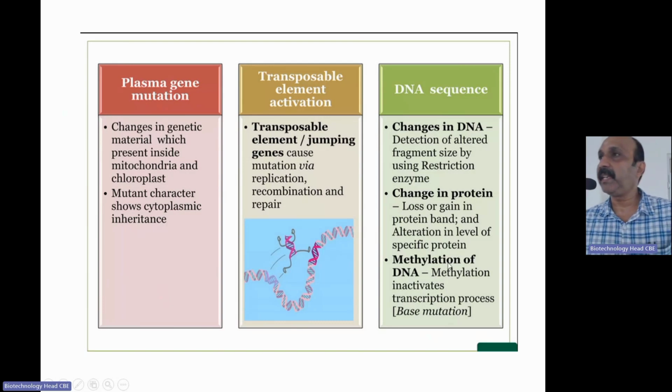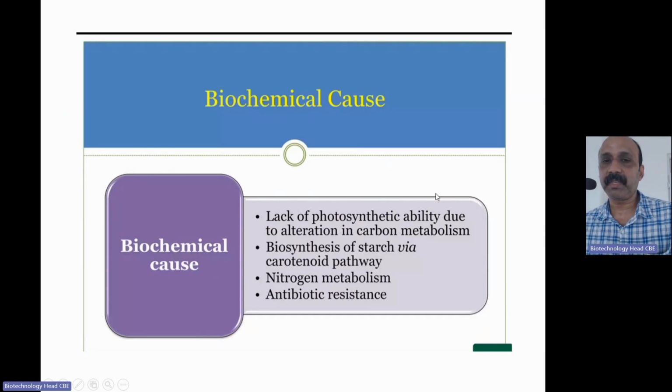Or DNA methylation can inactivate transcription, so there is loss or gain of activity of specific genes because of methylation of DNA. All this can also occur during tissue culture. Then there are other causes, the biochemical causes.